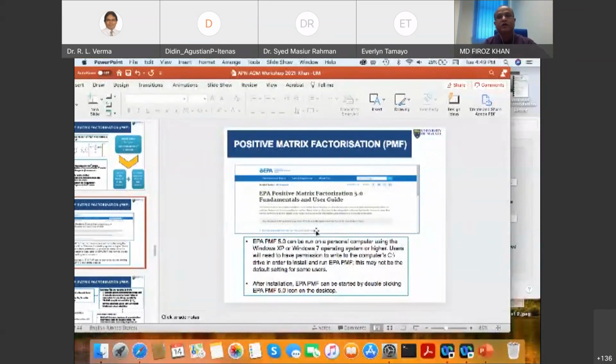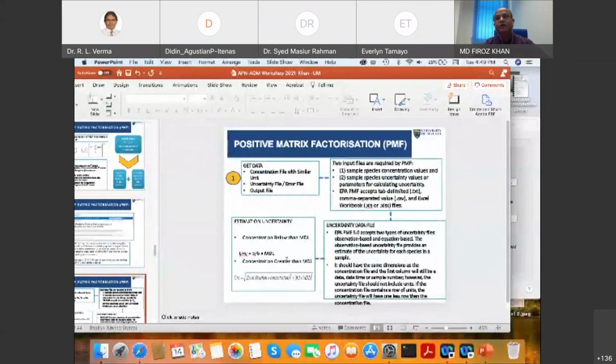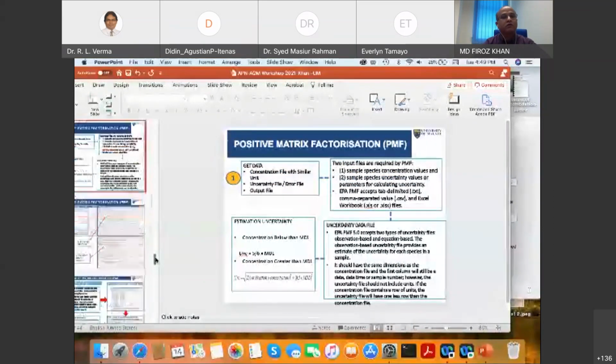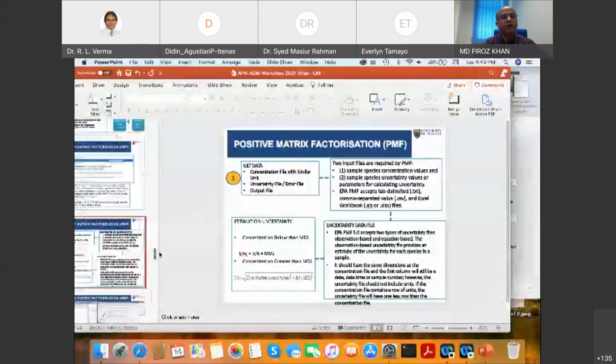So you all need to download and install it on your computer. I have purposely inserted a number of slides. I don't want to explain maybe all, but I have inserted the slides for you to go through, because this Windows version of PMF from US EPA requires two data files. One is the concentration data file, another one is the uncertainty data file.